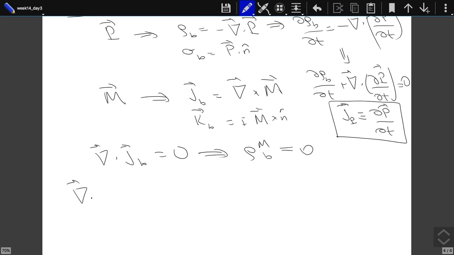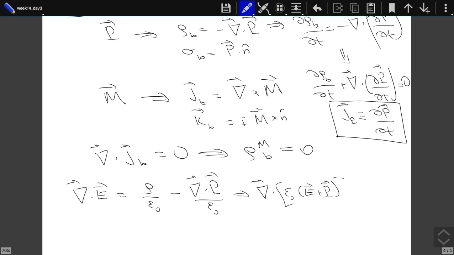You see, we know that the divergence of the electric field was equal to rho over epsilon 0, but now we also have a bound rho, so this is minus the divergence of P over epsilon 0, which tells me that the divergence of epsilon 0 E plus P is equal to rho.